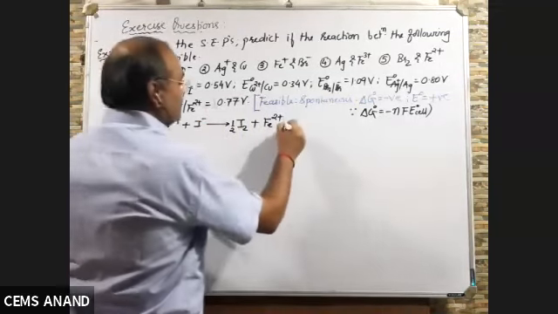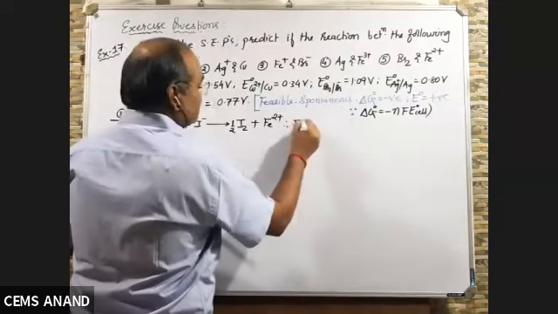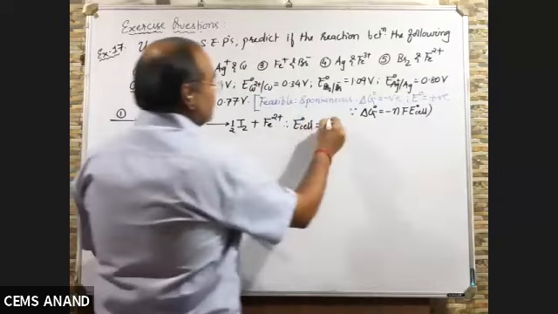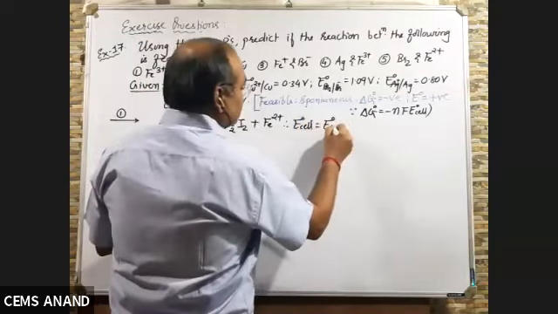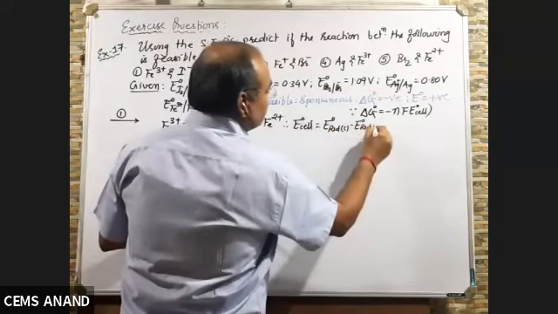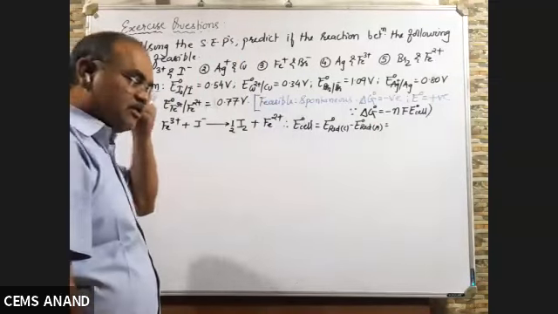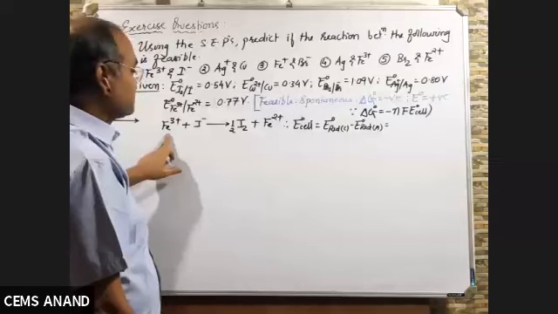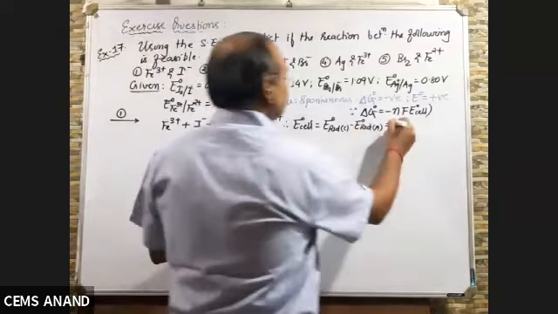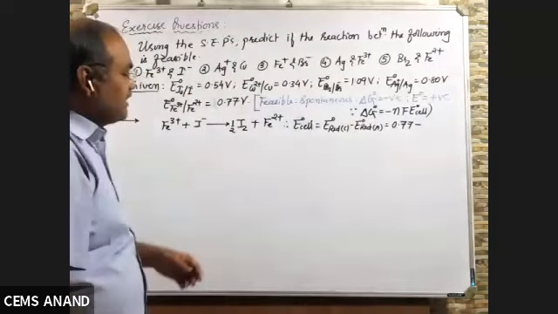So what will be E cell? E0 cell will be equal to E0 reduction at cathode minus E0 reduction at anode. Who is at cathode? The thing which will undergo reduction. Fe3+ is reduced to Fe2+, so the value is 0.77. Minus E0 reduction at anode.